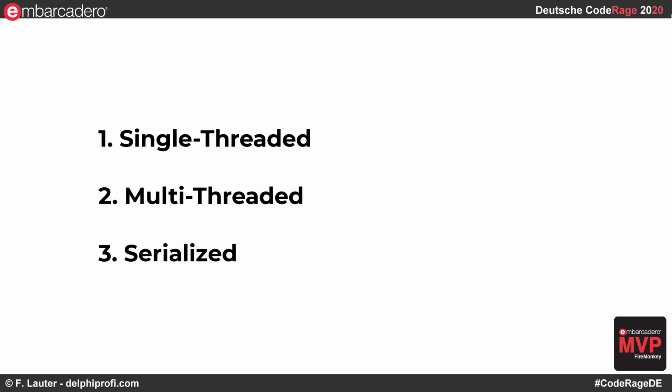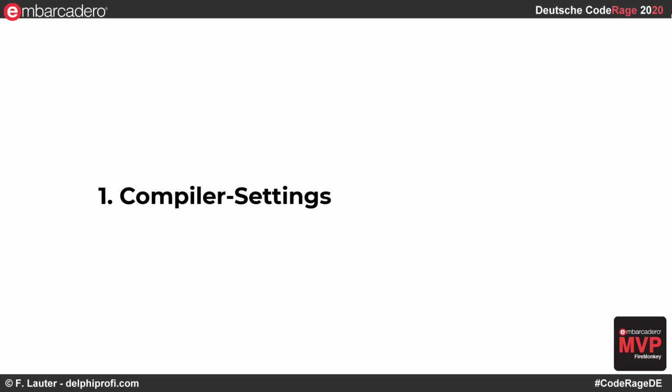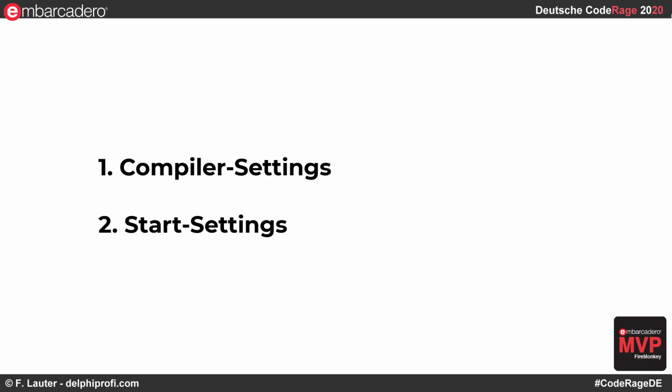There are three ways to use the corresponding mode. First, you can compile the database with the appropriate setting. Okay, I didn't want to do this myself, but you can. Second, if the database was not compiled in single-thread mode, you can specify the mode during initialization.